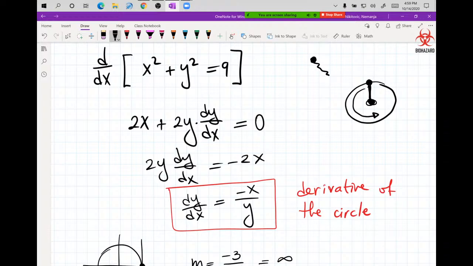The tangent line that this has at every point on the circumference is going to be the vector of the velocity. If you let go of the rope, the object will go in the direction of the tangent line.